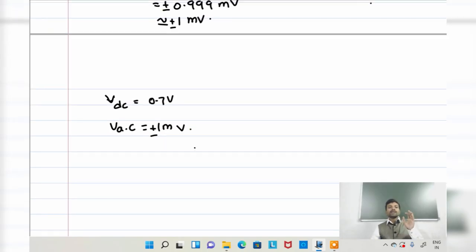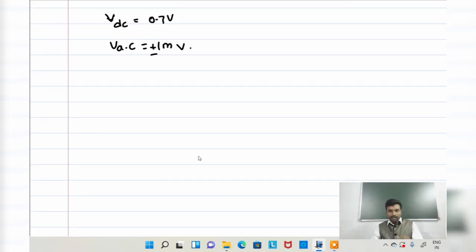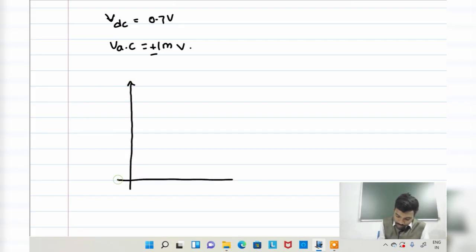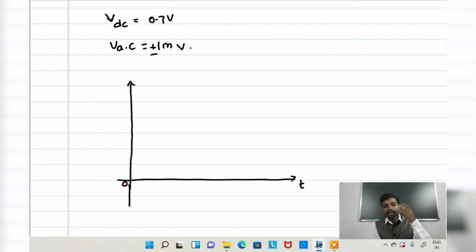In the problem we have to draw the waveform across the diode. This is a reference. The voltage waveform in case of DC is 0.7 volt.